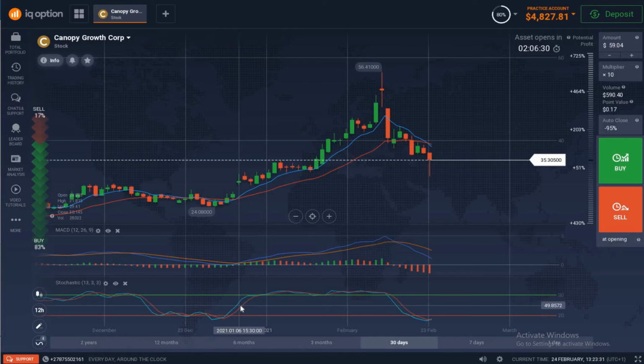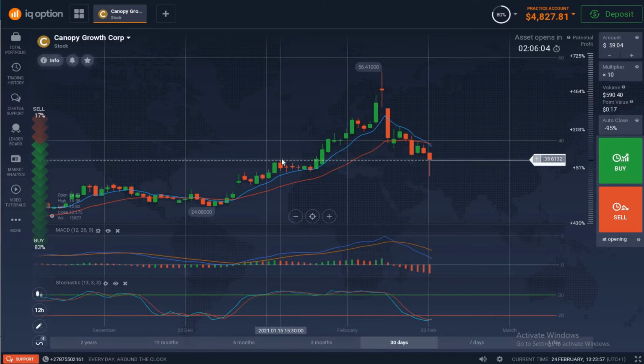And then while the oscillator is going up, you look at the MACD lines. Is the signal line above the MACD line? Yes, it is. It crossed over on the 6th of January. And then for final confirmation, is the short-term EMA line above the long-term? If it is, then you can enter the trade and buy. So it's going to go upwards.